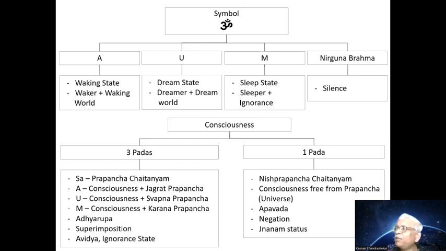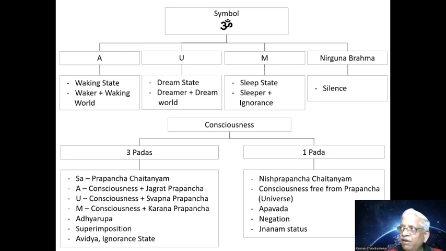Another beautiful way to explain this. This is another methodology. One was on the sound and silence. Now I'm taking another methodology to come to the same Atma. The three padas means the three legs on which the Omkara rests, on four padas, A, U, Ma, and Amatra.